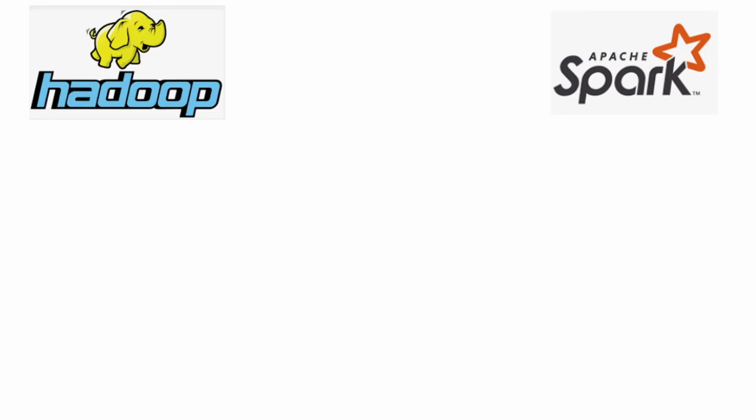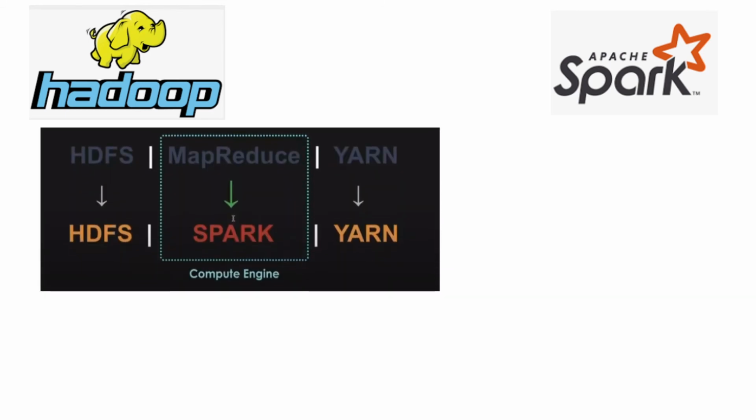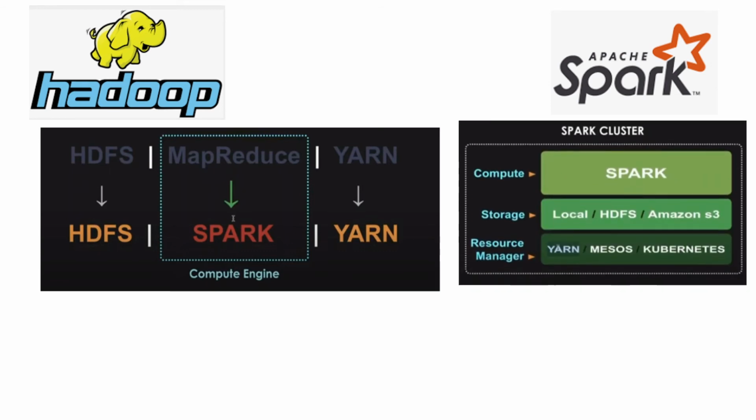Now Apache Spark has been created, and I will show you how and where this Spark framework fits in the Hadoop cluster. That was a Hadoop cluster I showed you, and this is a Spark cluster. Spark has replaced the MapReduce application. This is the MapReduce application, and this is Apache Spark.